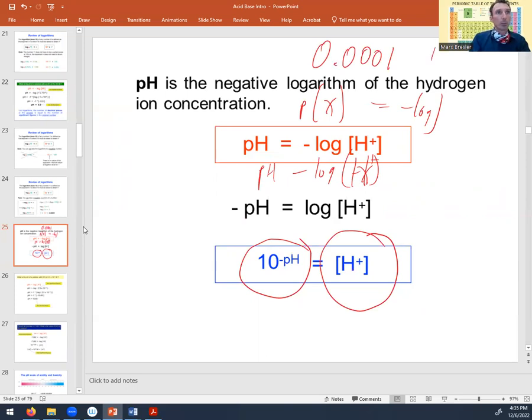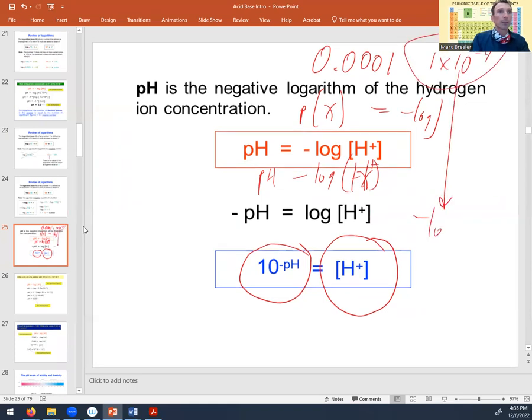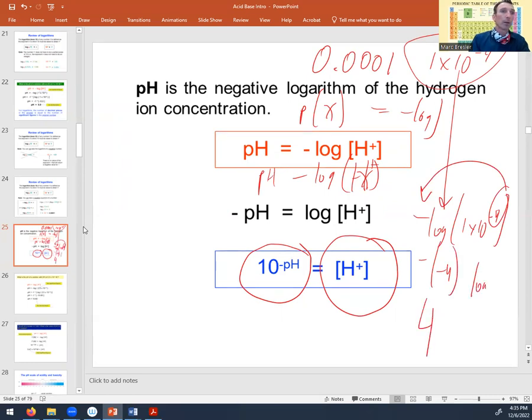So this would be like 1 times 10 to the minus 4. If you took the negative log of that, then the 4 comes down to the front. You get negative 4. So it becomes 4. Because the log of 10 ends up dropping out. So you don't have to understand all the intricate details of logs. Just use your calculator. And these two formulas should get you pretty far.